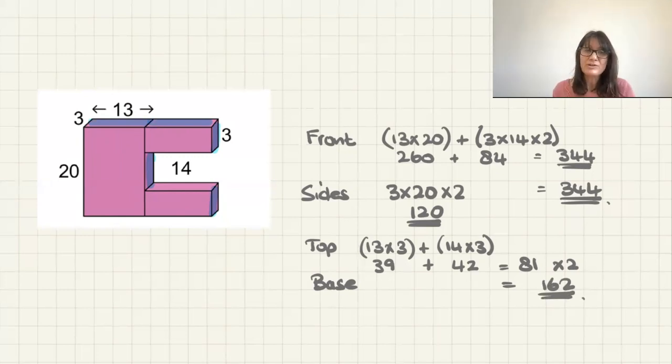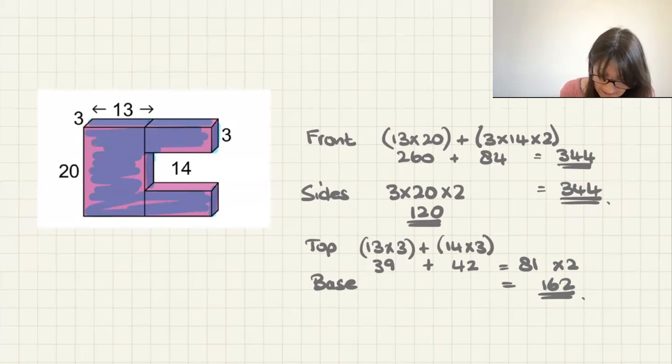Now, what I haven't found, so I've found the top, the bottom, the sides, and the front, and the back. But you can clearly see that this here has not been found. And there's another one underneath that I can't see.